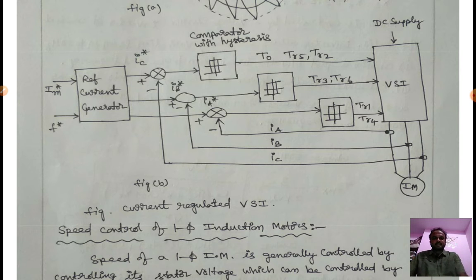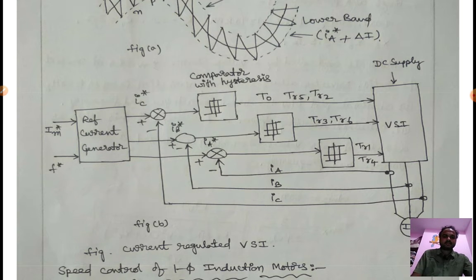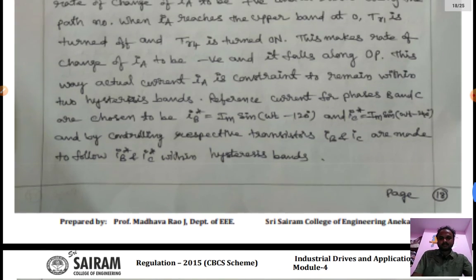Each phase current, before going to the induction motor, is given as input to the comparator with hysteresis. Three phases we are giving, and we receive three reference currents, which are given to the voltage source inverter.